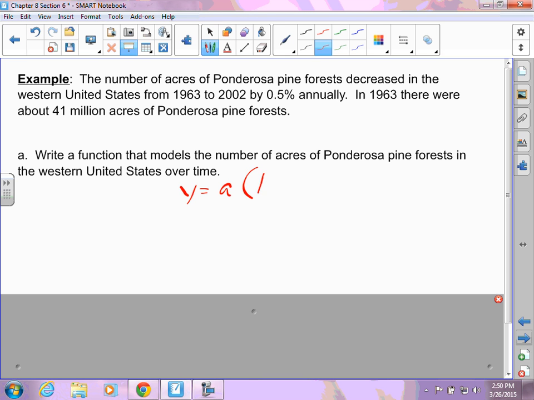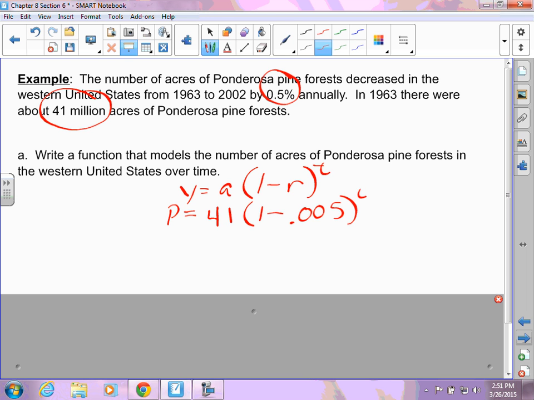I'm going to say P equals 41, for the 41 million. 1 minus the rate, which is 0.5%, so this is going to be 0.005, to the t power. That is my function.